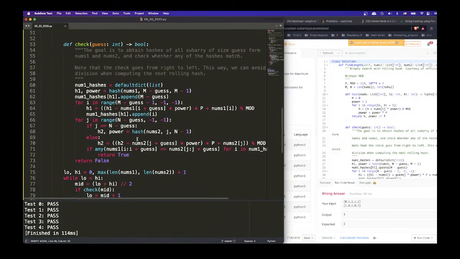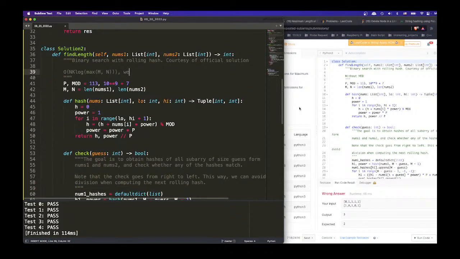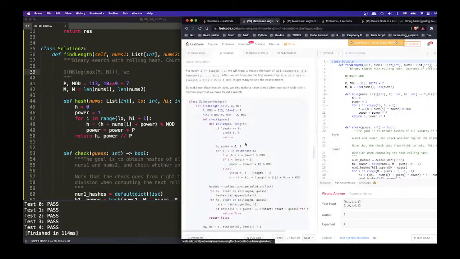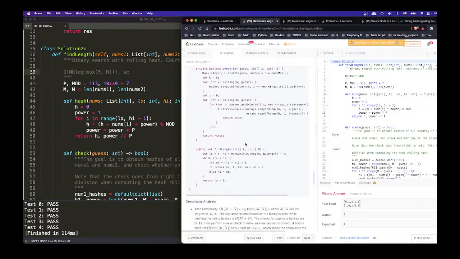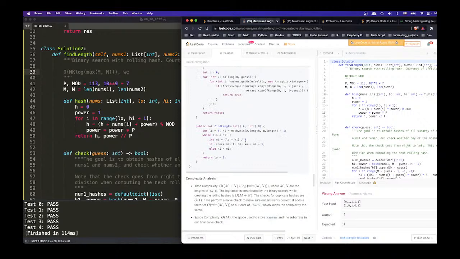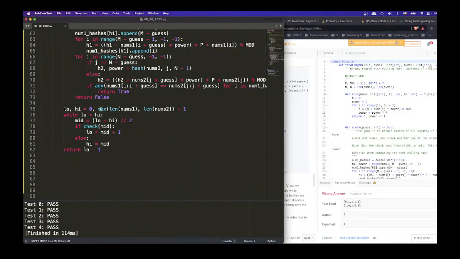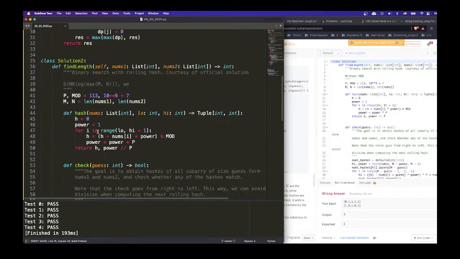No. Well, what's the time complexity for this? Minimum. Yeah, this is a minimum. Why did you say maximum? Yeah, this should be minimum.